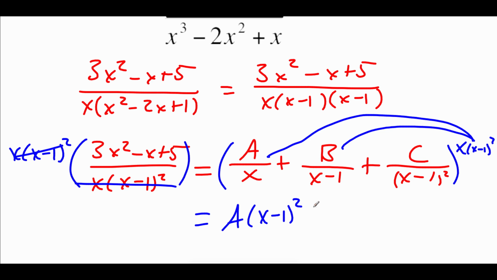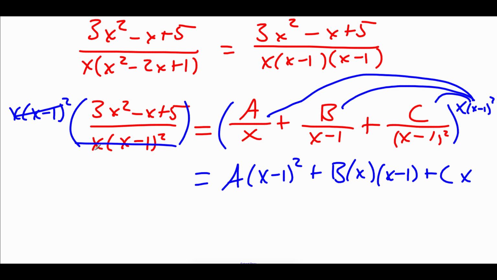If we distribute to the second term, we'll have the b. The plain x will still be there, and one of those x minus 1s will cancel out, but one of them will still be there. And if we distribute to the third term, the c will still be there, and those x minus 1 squareds will cancel out, so we'll have the x left over. On the left-hand side of our equation, we've still got 3x squared minus x plus 5.